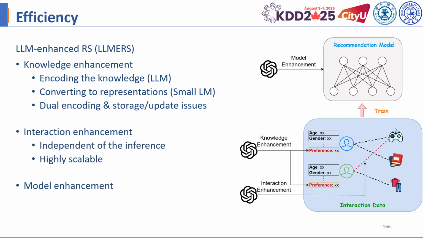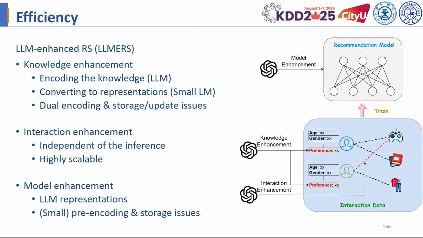The methods of interaction enhancement can be rather efficient as they do not change the training and inference procedures of recommendation models, except for providing augmented interaction data. This implies that they are highly scalable to big data scenarios.